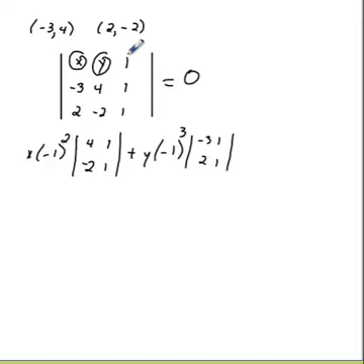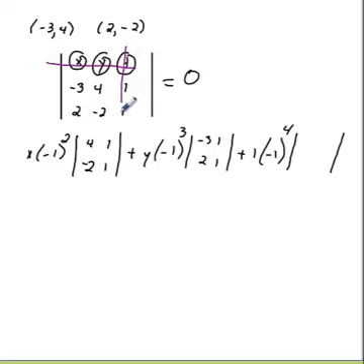And lastly, I will take the third element in the top row, which is a +1. I'll multiply it by the power of -1, which is the fourth power, because it sits in row 1, column 3, and 1 plus 3 is 4, times the minor that I get by marking out the row that contains the 1 and the column that contains the 1, and these four numbers make up the minor associated with it.